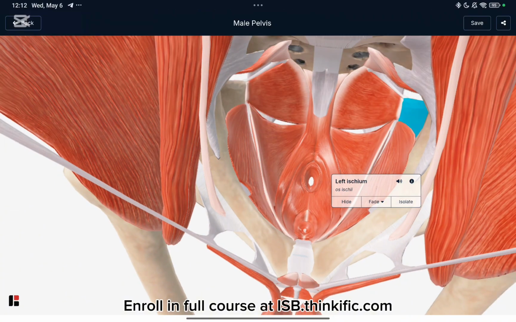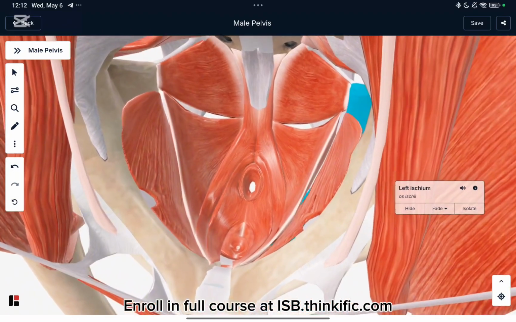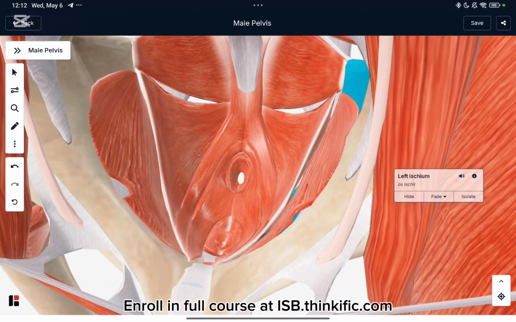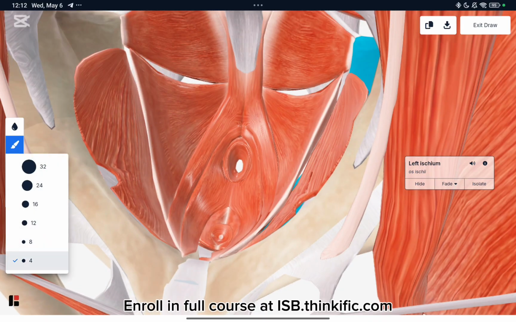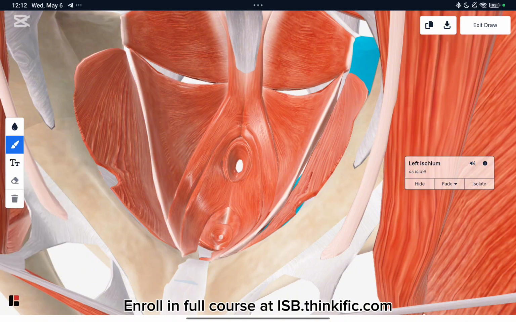Okay, so let's go into detail of the levator ani muscles. These two levator ani muscles, from each side, originate from the pelvic side walls. This line of origin begins from the back of the pubis, where it's attached firmly.